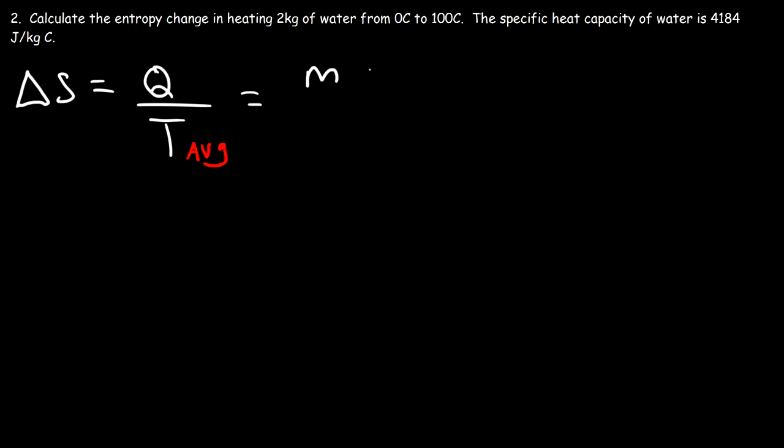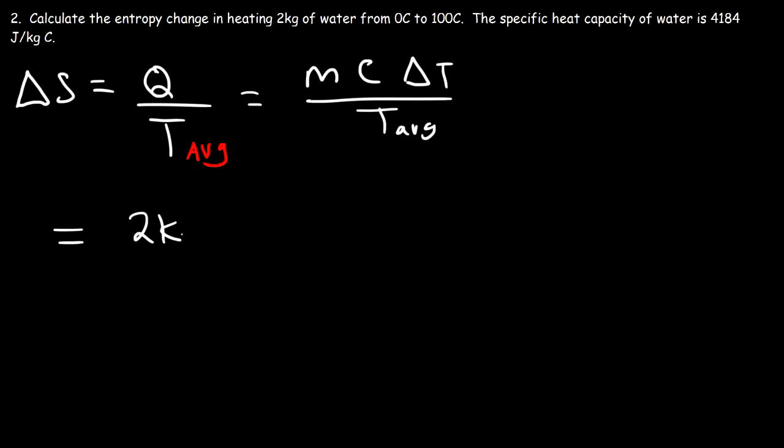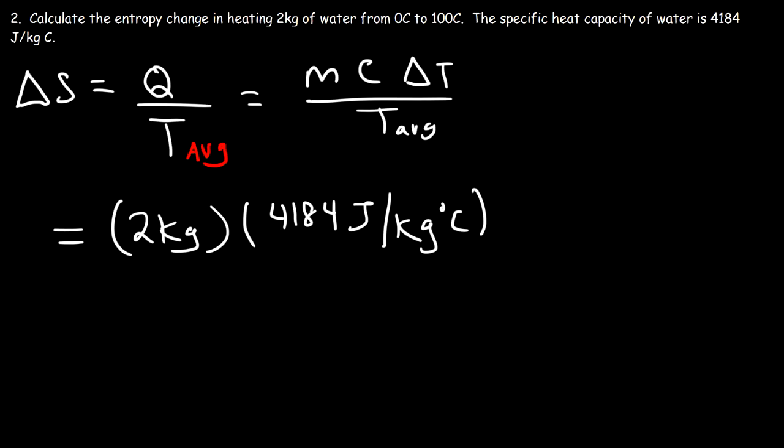It's the mass times the specific heat capacity multiplied by the change in temperature. And so the mass in this example is 2 kilograms of water, and then the specific heat capacity is 4,184 joules per kilogram per Celsius. And the change in temperature, final minus initial, that's 100 minus 0, is 100 degrees Celsius.